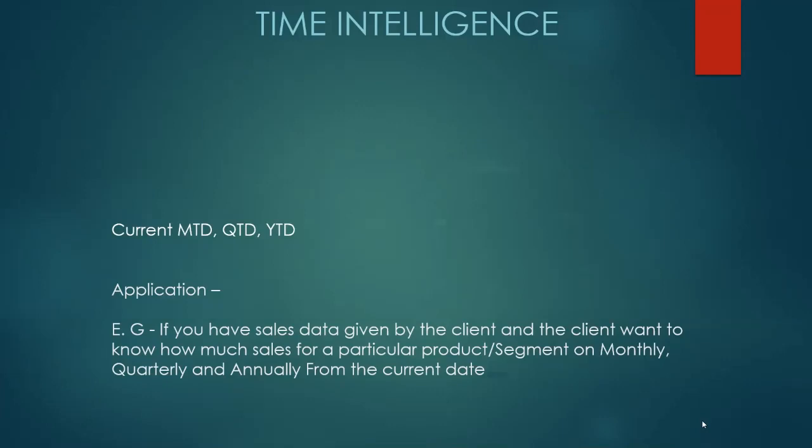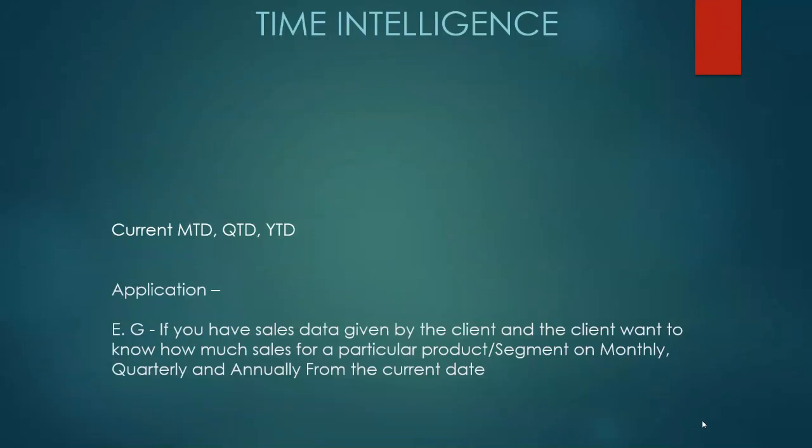So suppose you have sales data from the client and it's real time data, and he wanted to see the data with respect to the current date. He wants to know currently how much sales happened in this particular month till date.